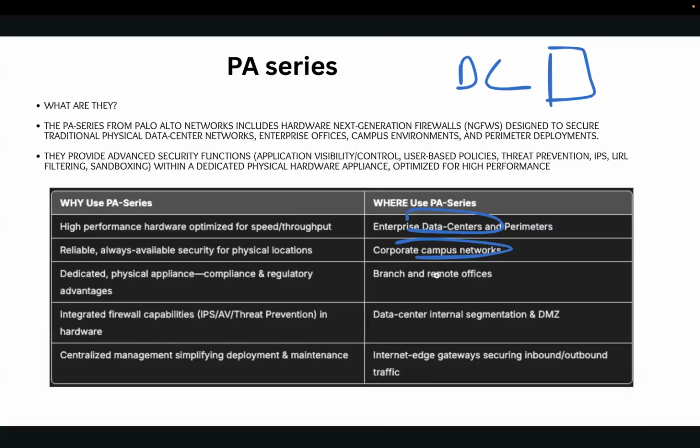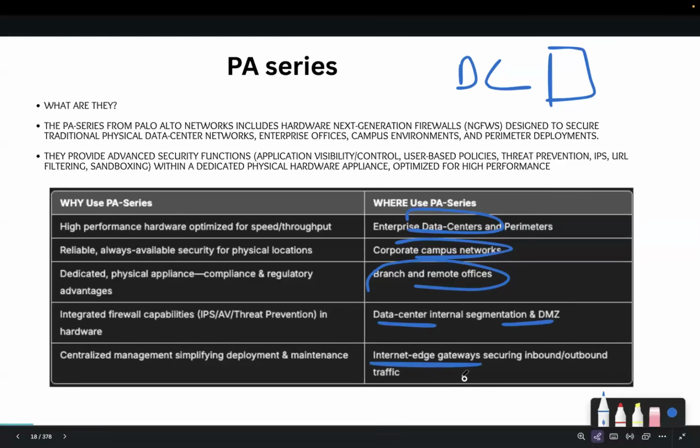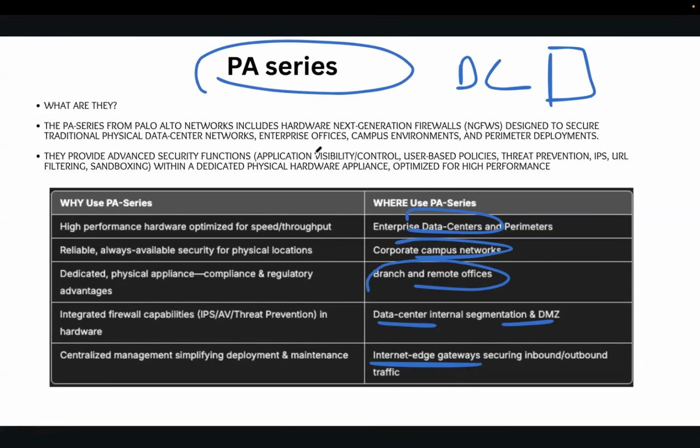Campus network plus your remote offices also, you can implement it. And data center for the DMZ and the internet edge gateway as well. In short, wherever you are seeing high bandwidth, high utilization, always use PA series physical firewall. These are the places where you can use the physical firewall.